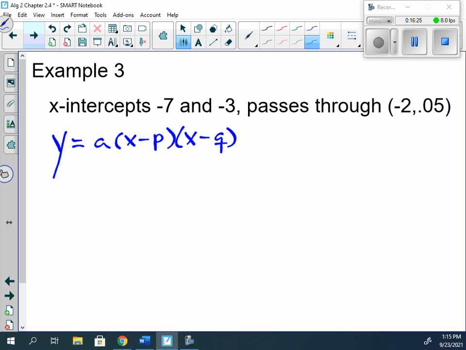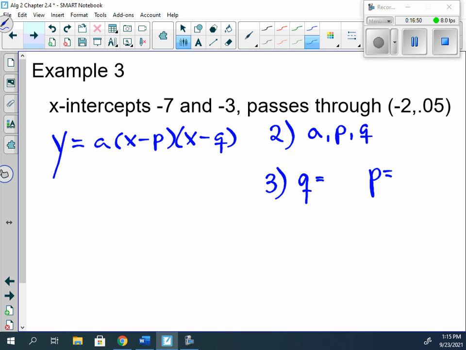This is the equation we're using for this one because we're not given the vertex, we're given two x-intercepts. So the variables that we're using this time, well, we still have a, but we also have p and q.